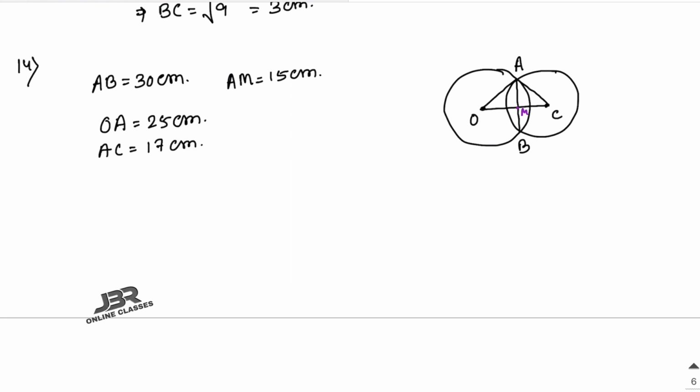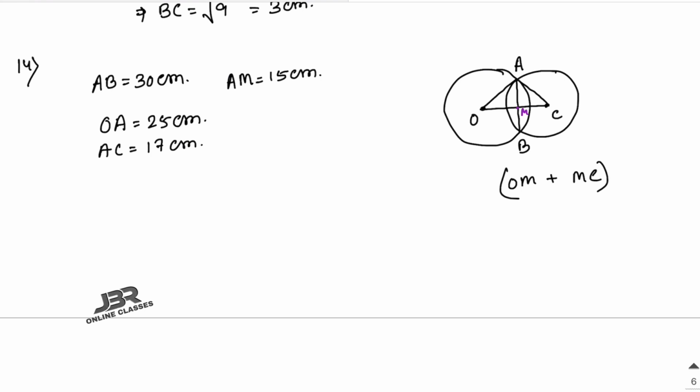Find the distance between their centers. So first you have to find OM, and then MC, and then join these two lengths to get the length of OC. OC is the distance between the two centers.